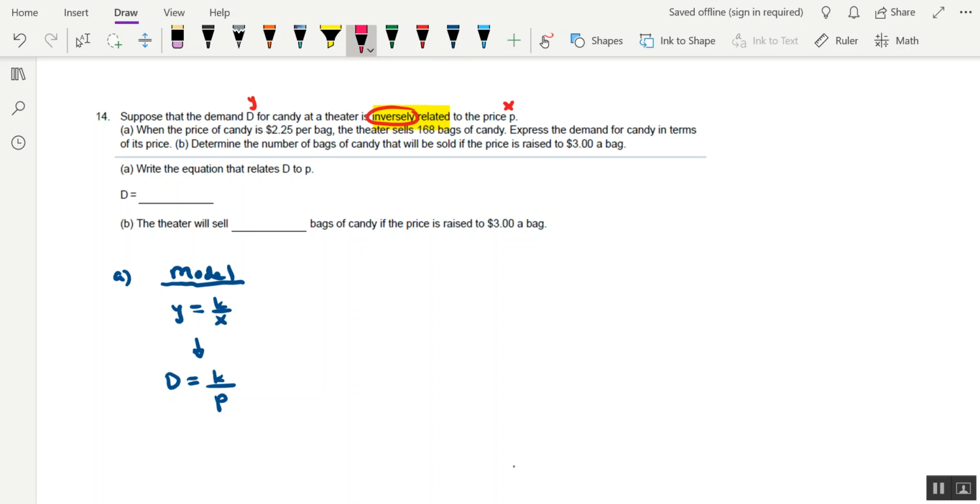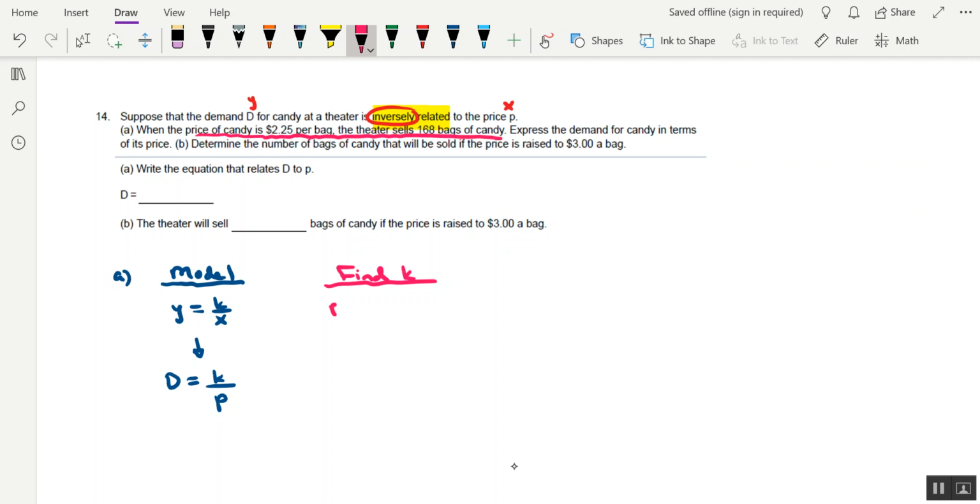That takes us to the next part of this conveyor belt solution, where I recommend finding k. And the way to do that is to use the information given in the first sentence of part A. So for example, it says when the price of candy is $2.25 per bag, the theater sells 168 bags of candy.